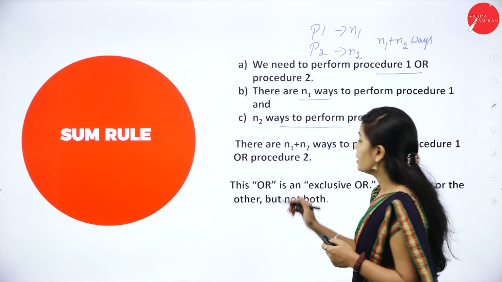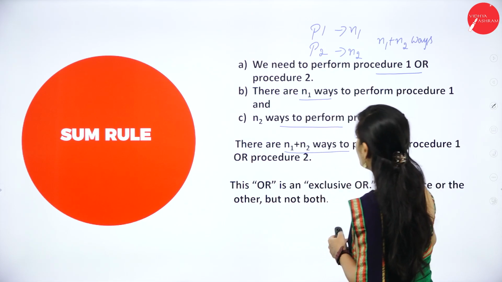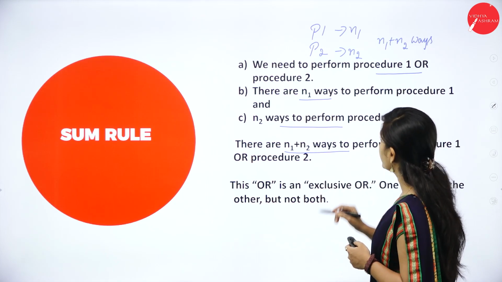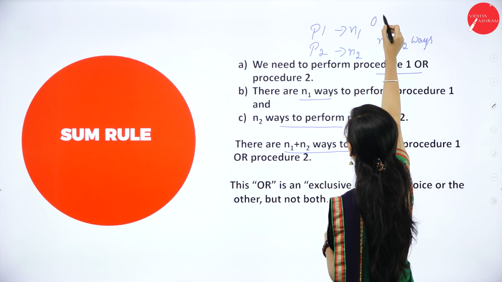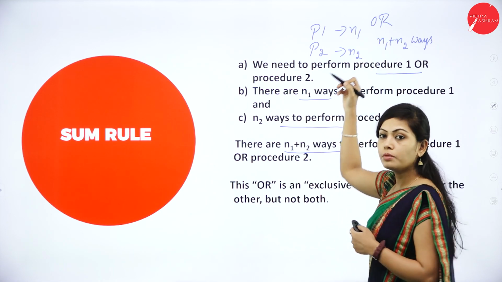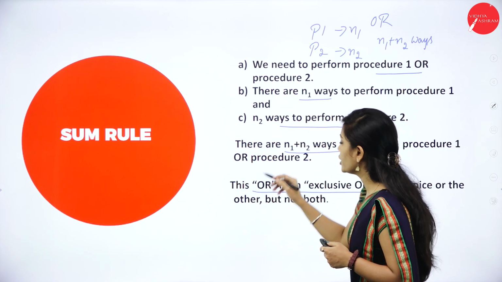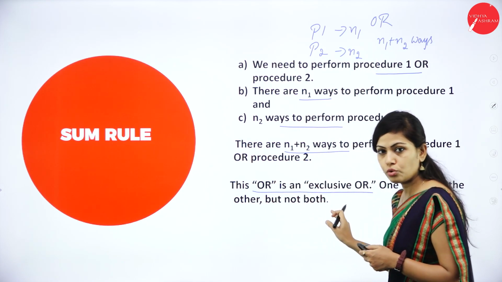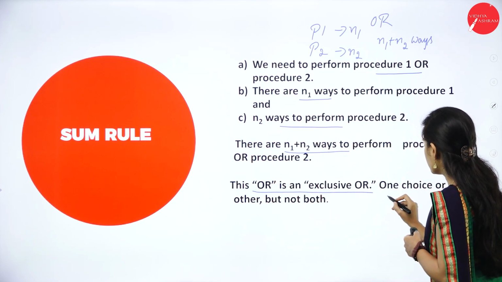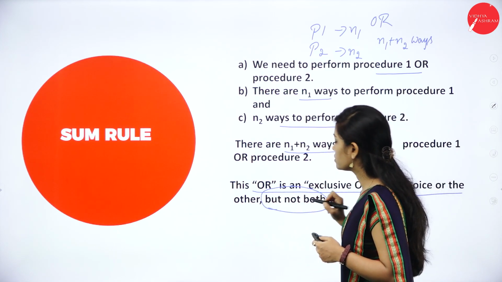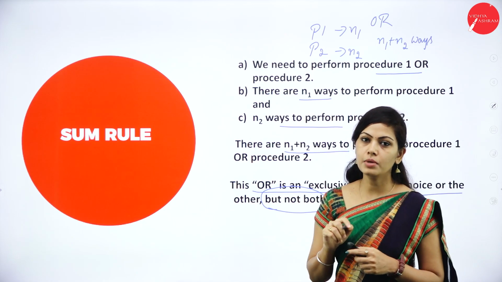Therefore, there are n1 plus n2 ways to perform procedure 1 or procedure 2. Here the 'or' is an exclusive or. Exclusive or means one choice or the other but not both. This is called the sum rule.